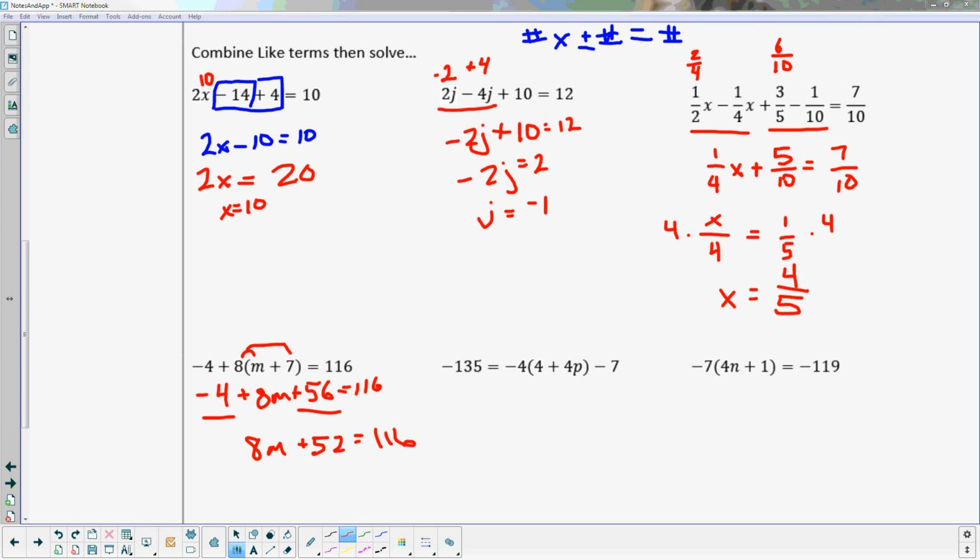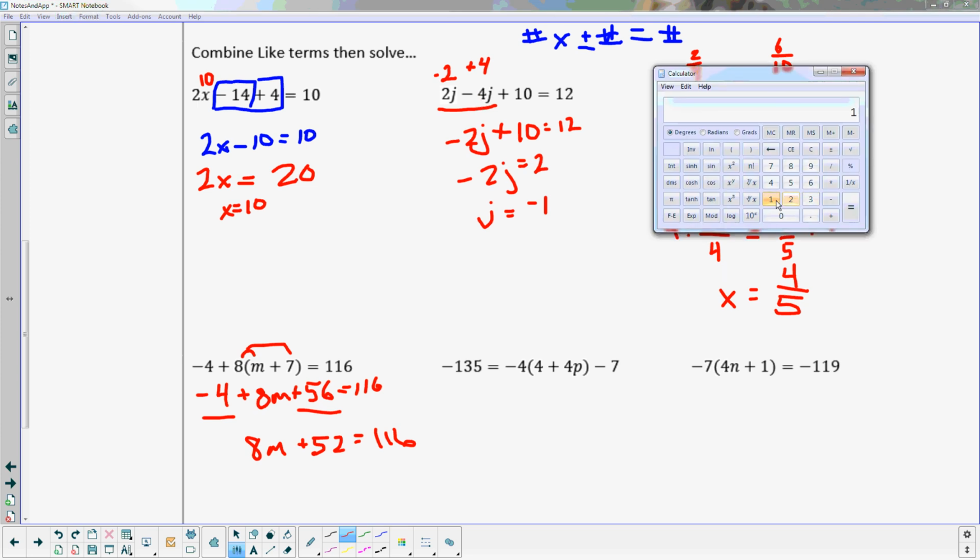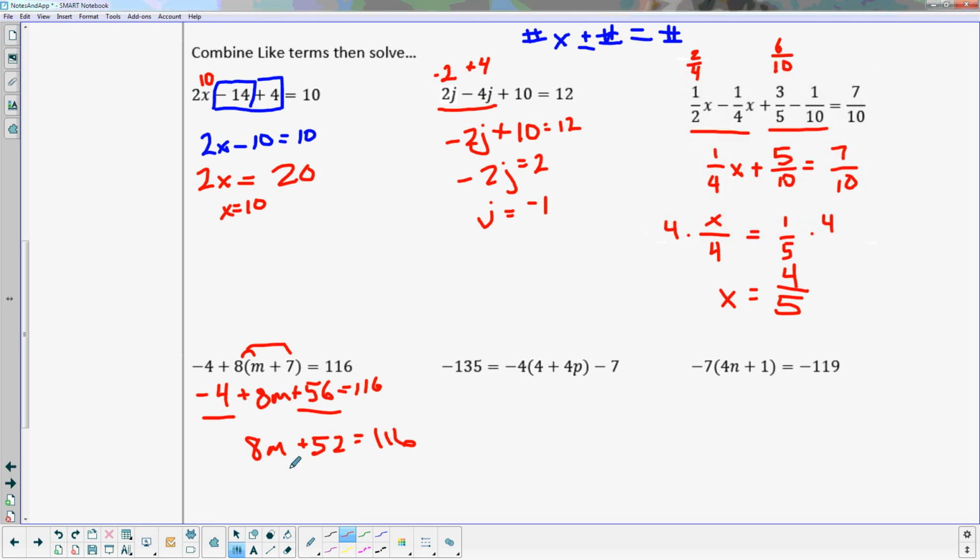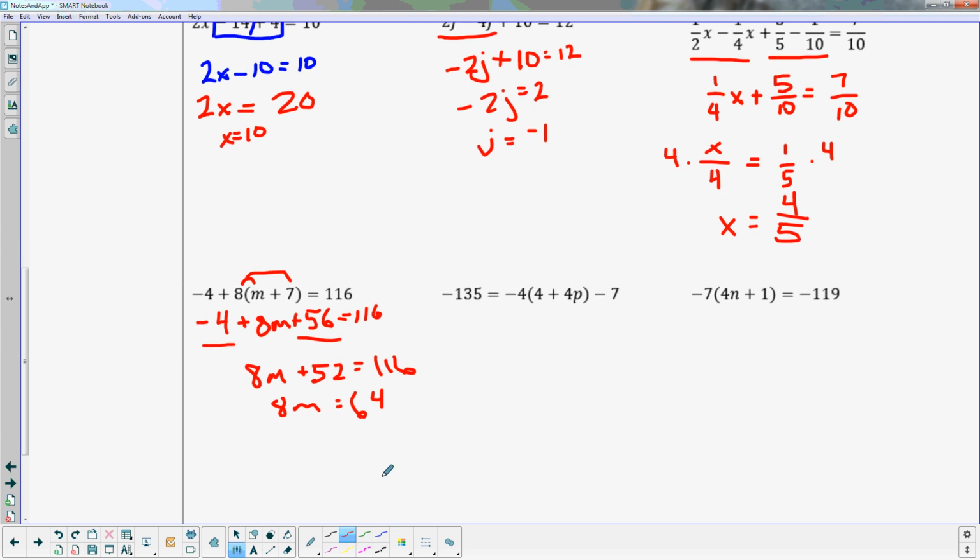Okay. So I'll take 116, subtract 52, gives me 64. So 8m will be 64. And when I divide both sides by 8, 64 divided by 8 is 8.